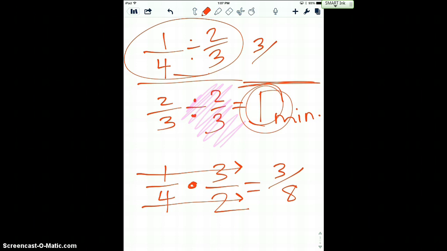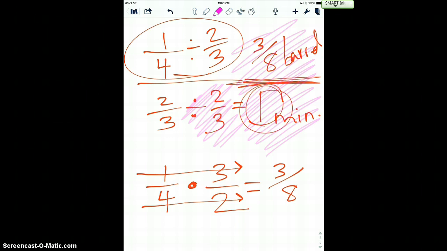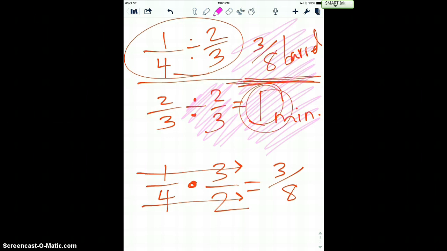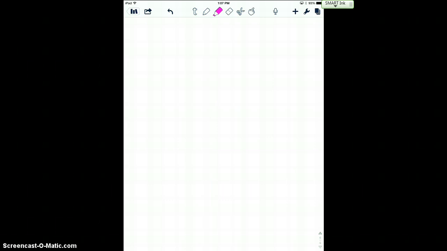So I'm going to have 3/8 barrels, or 3/8 of a barrel per minute. And so my final answer is actually a complex fraction, but it's also a unit rate. Okay, we're going to do one more example. Again, if you feel like you got this, then go ahead and pause the video and try it on your own.